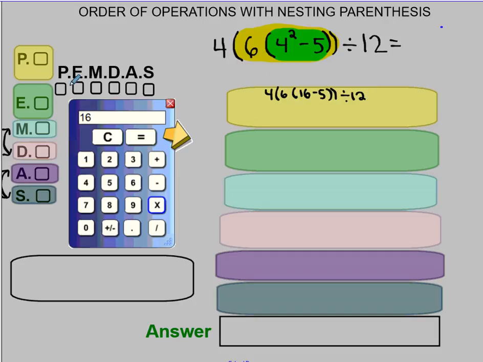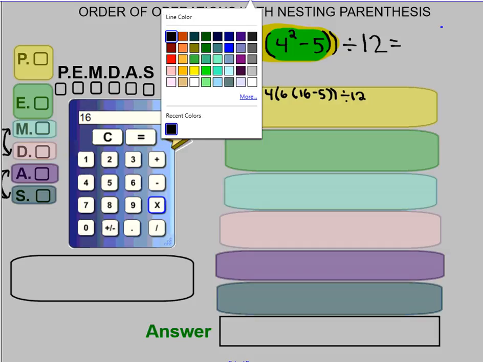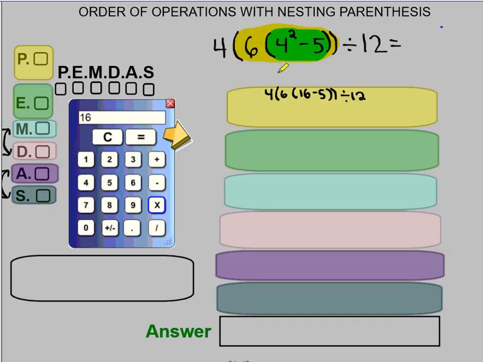All right, we're still working on the parentheses within the parentheses. So now 16 minus 5.